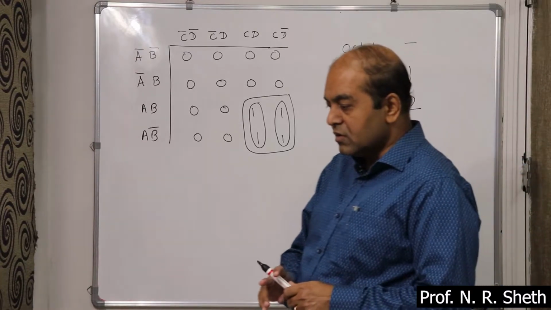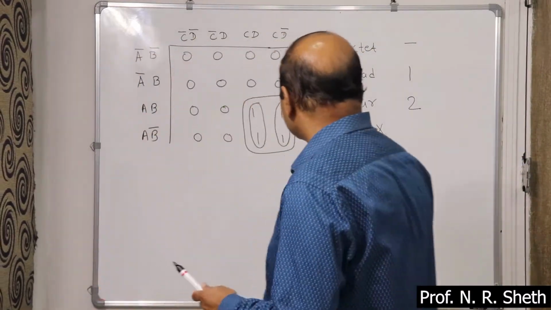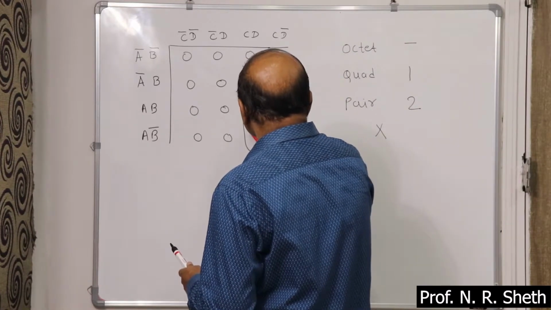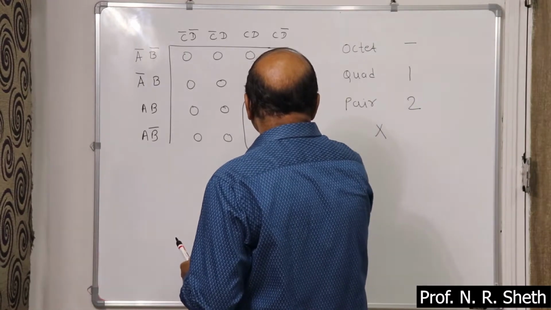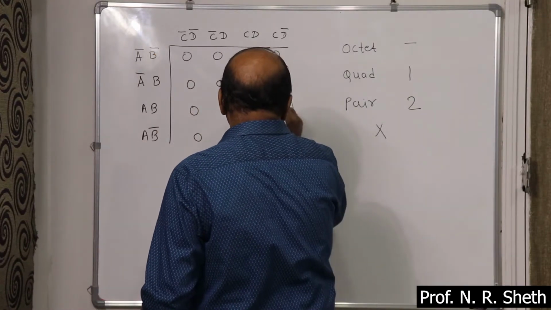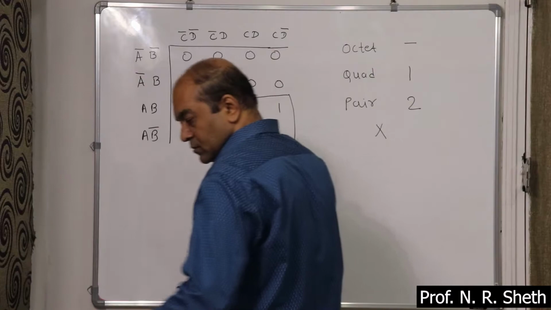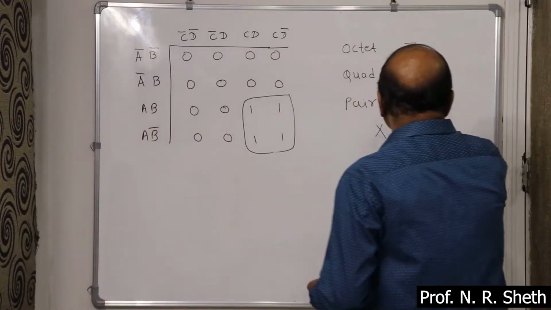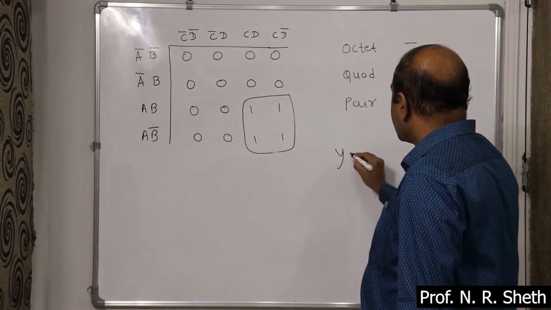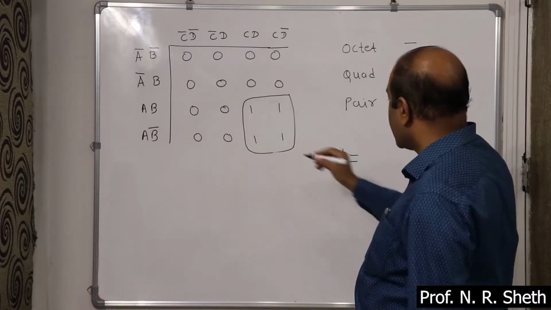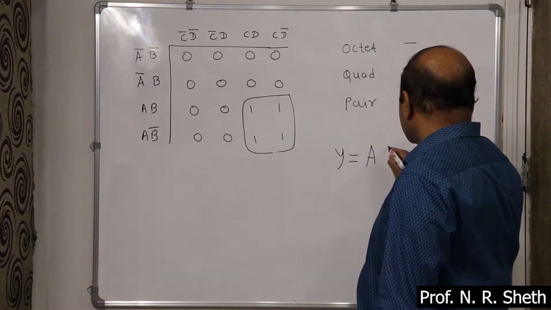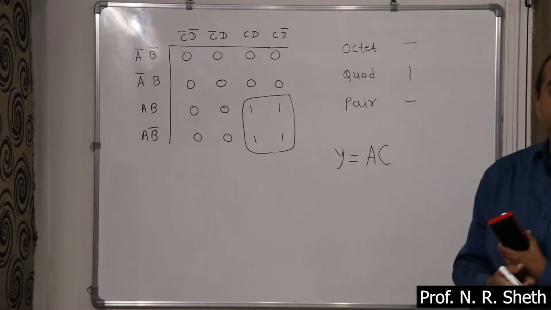Okay, so your correct answer is only a quad, and y equals B bar cancel, so A, D bar cancel, so C. So y is AC.